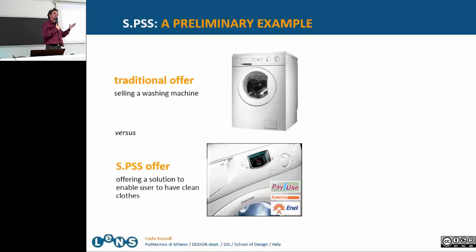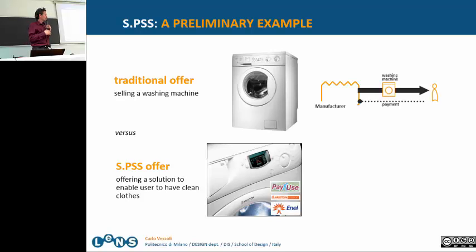Ariston is a producer of appliances, and Enel is an energy supplier, and they are offering this. Let's see what the difference is. In the first case, the manufacturer is producing and then selling the washing machine, and the user is paying back the cost of the washing machine.